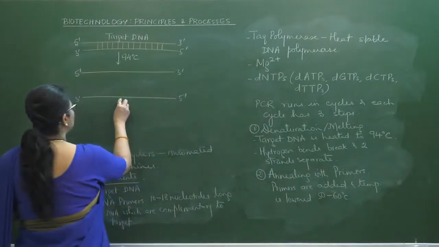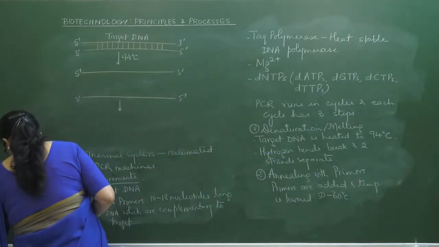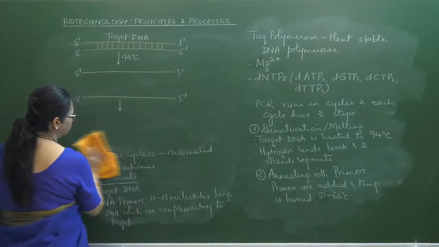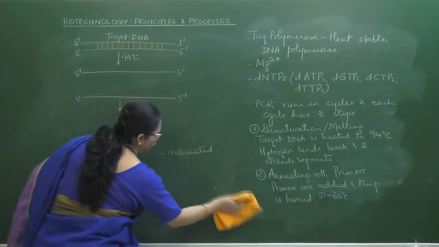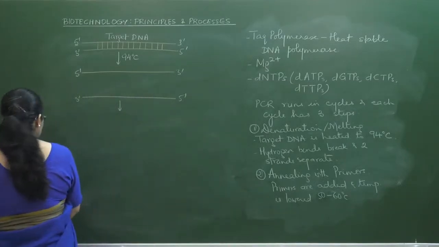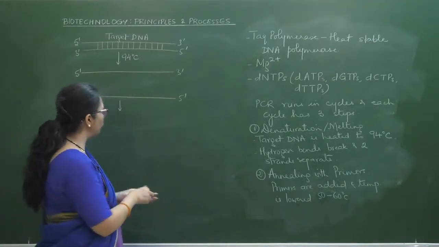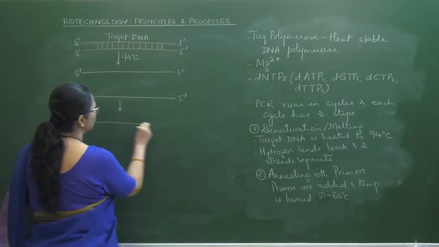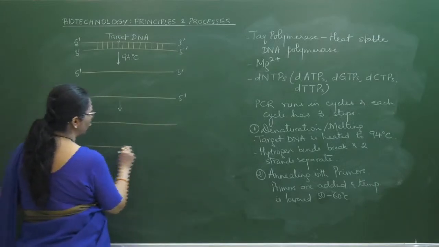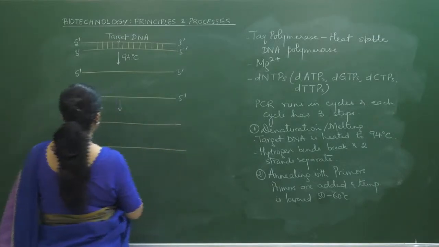Now you see these primers attach. Primers are short sequences, so fewer hydrogen bonds have to be formed, so those will be the ones which attach, not the whole DNA, which is much longer.